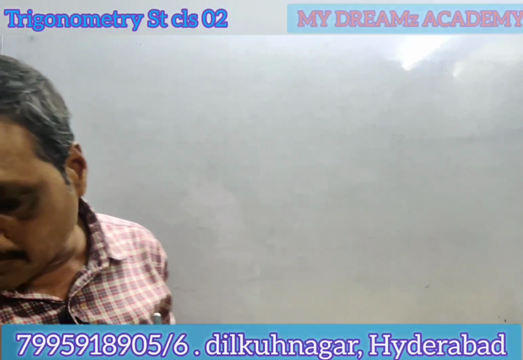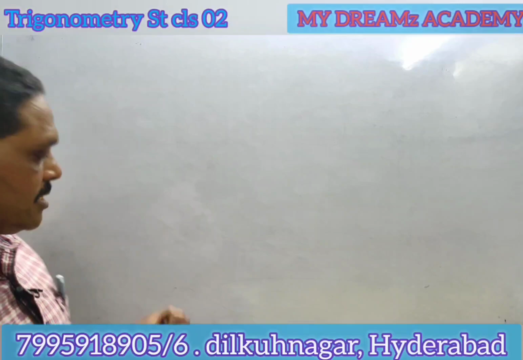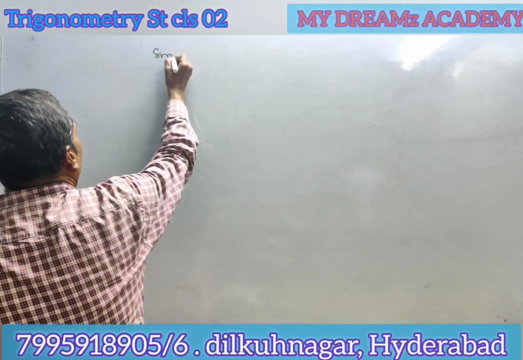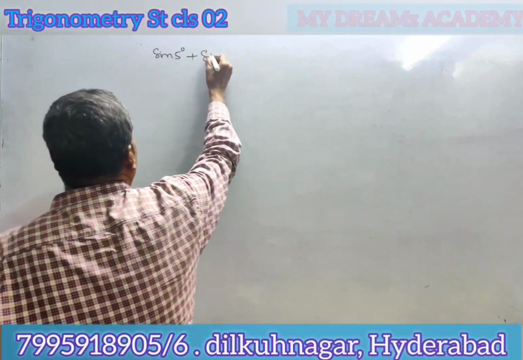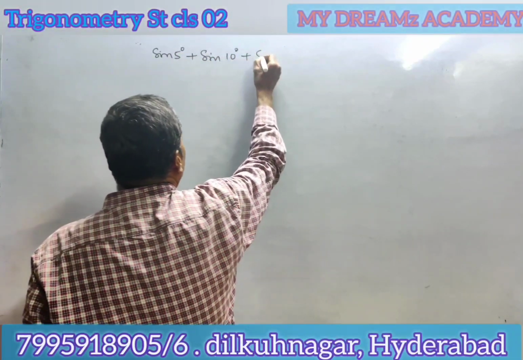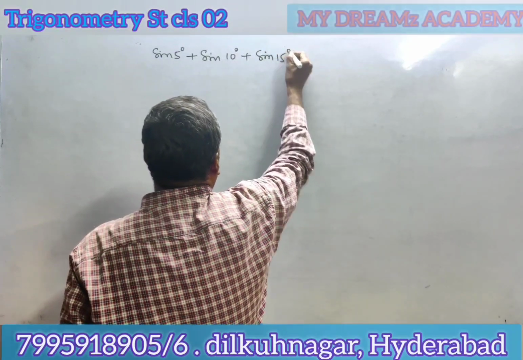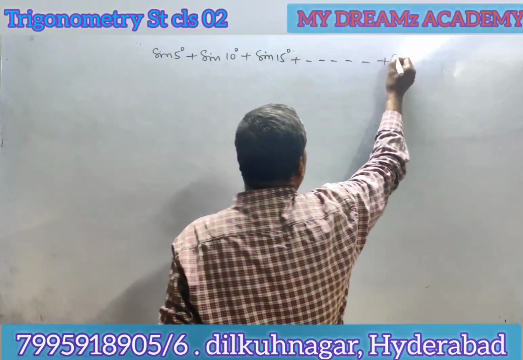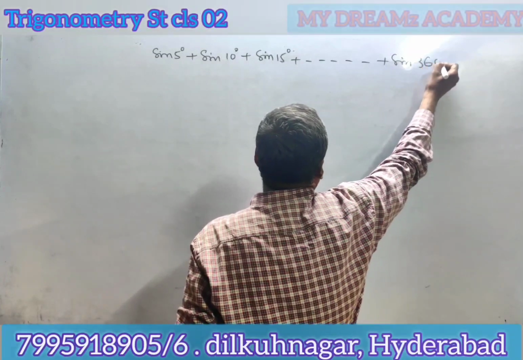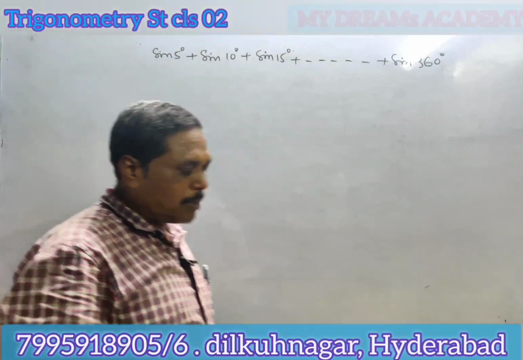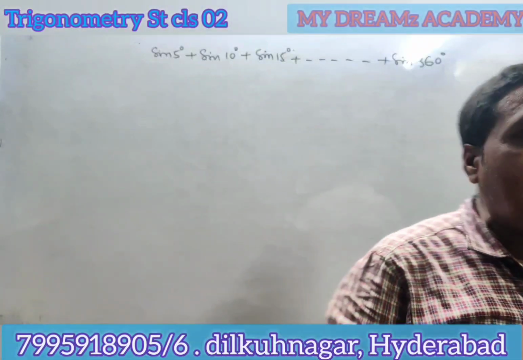I'll take one more problem, which is sine 5, sine 10, sine 20, sine 15, and so on up to sine 360. Here some values we know, but not all the values of sine we know.